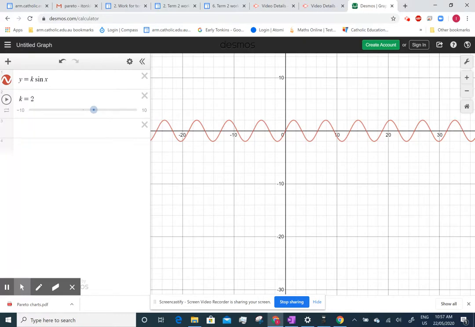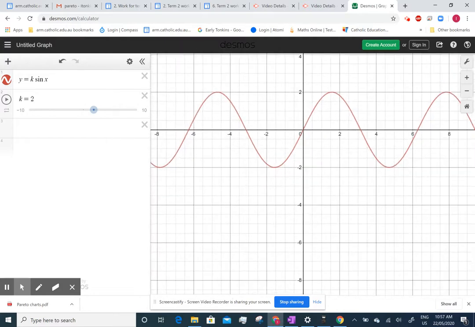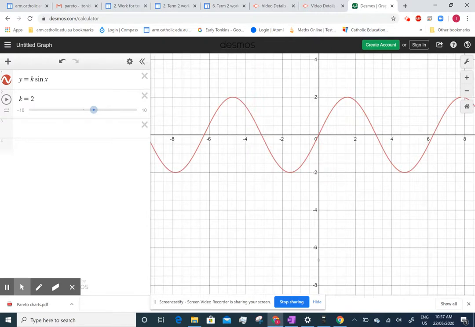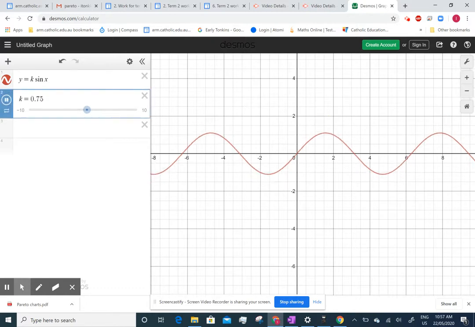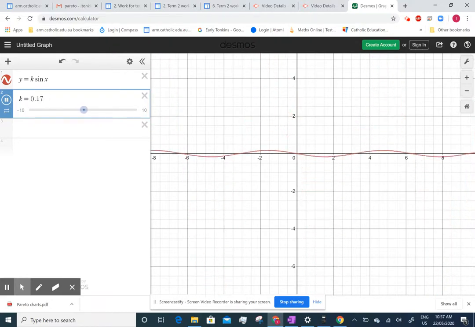Now, what's happened? Well, if we zoom in, it's now gone up as high as 2. All right, so if I play that a bit more, come on, play. Goes up to 10 and down.